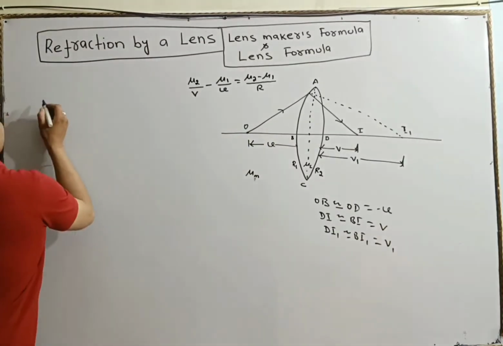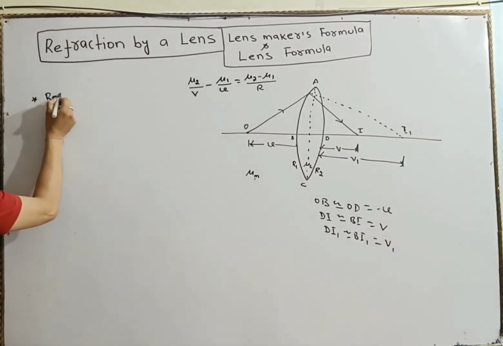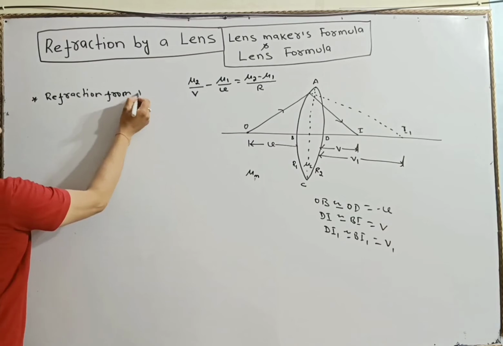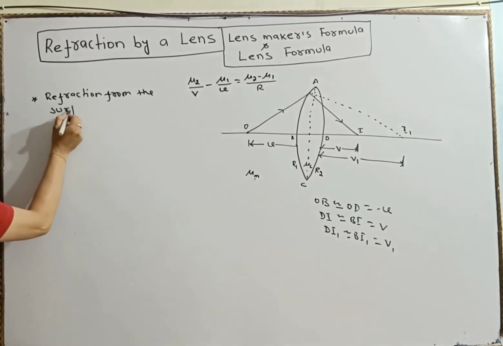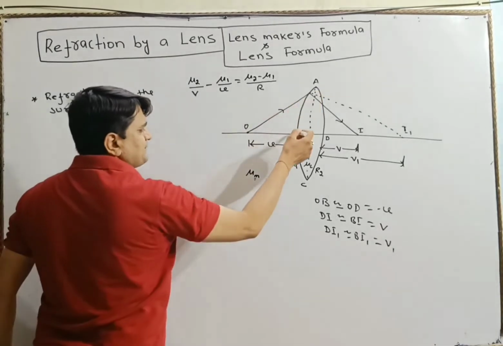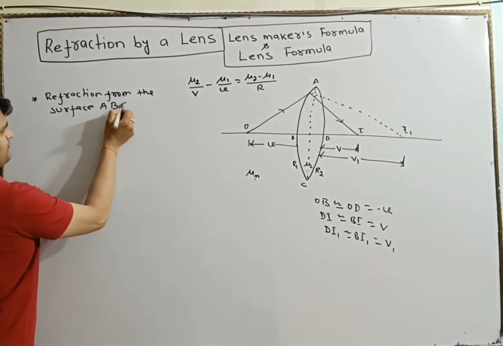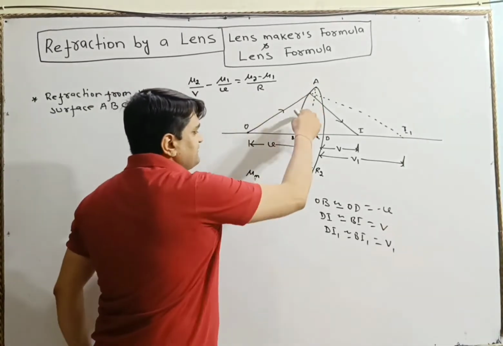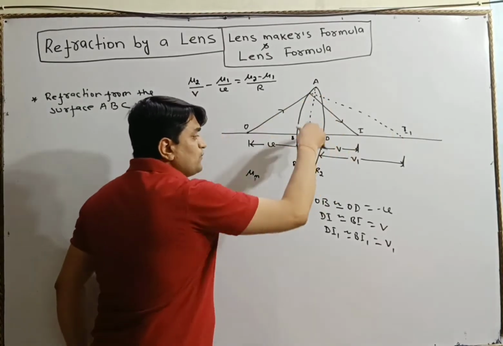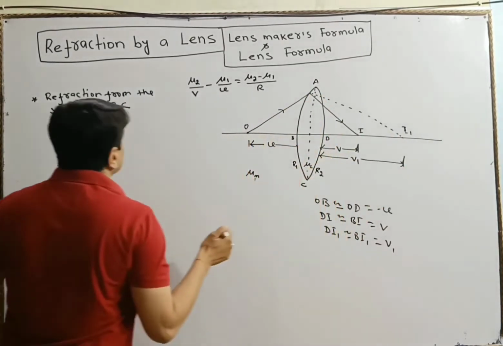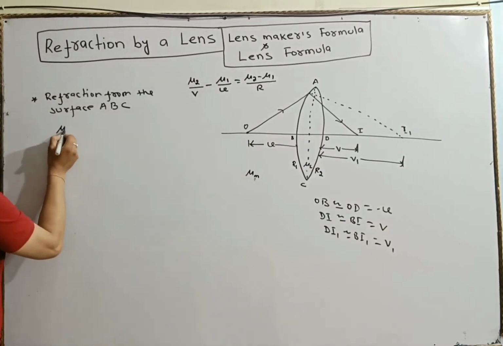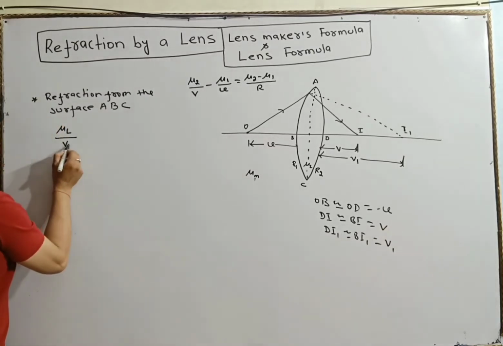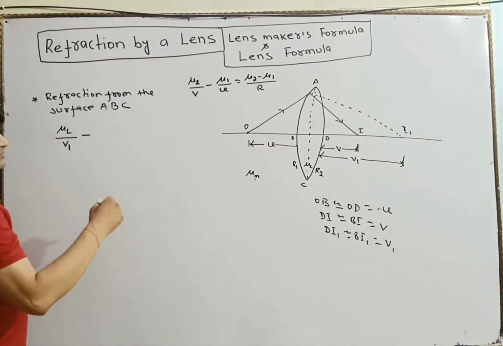Now, first, refraction from the first surface ABC. Where is the image by the surface ABC? It is in medium mu L, and this is V1. So we will write mu L upon V1, minus mu M upon the object distance.